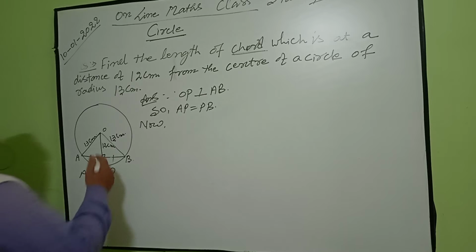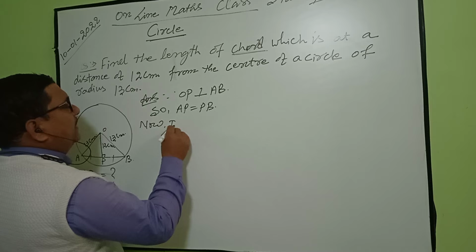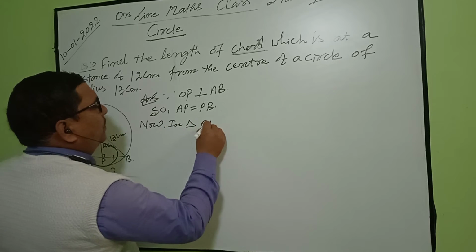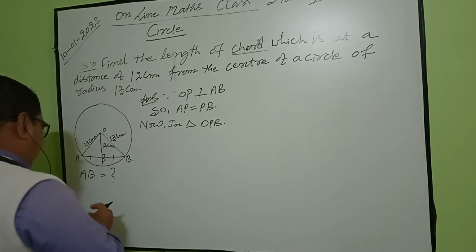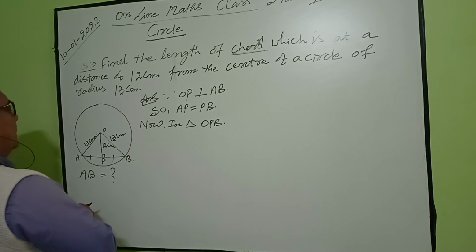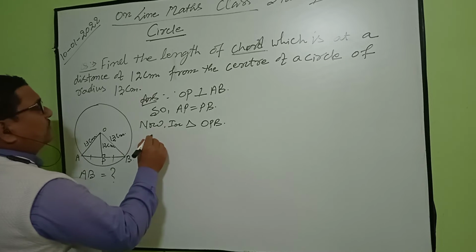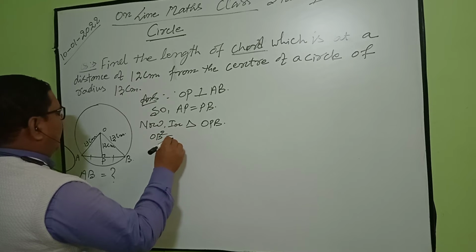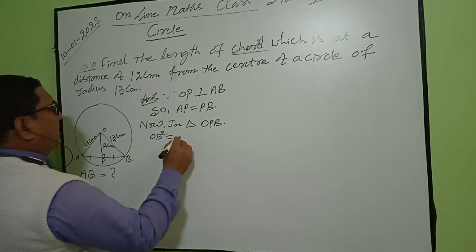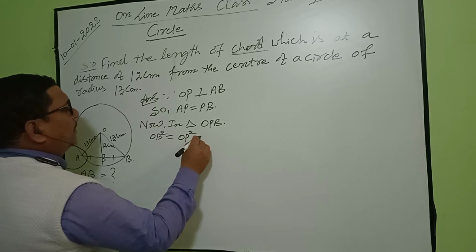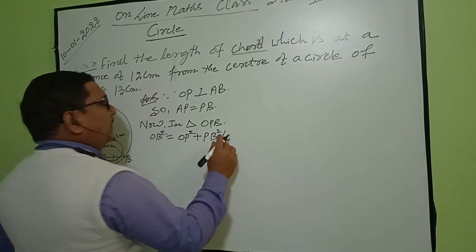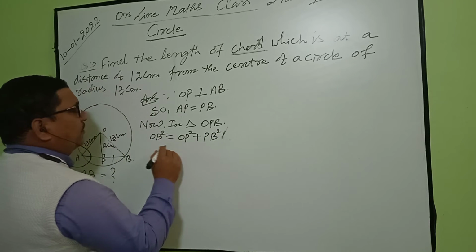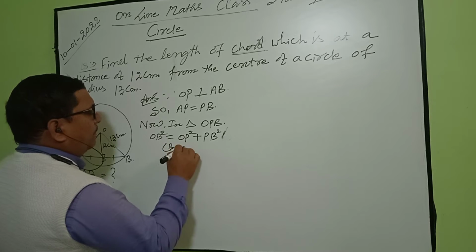Then we will take triangle OPB. In triangle OPB, by Pythagoras theorem we will use OB square equals OP square plus PB square.